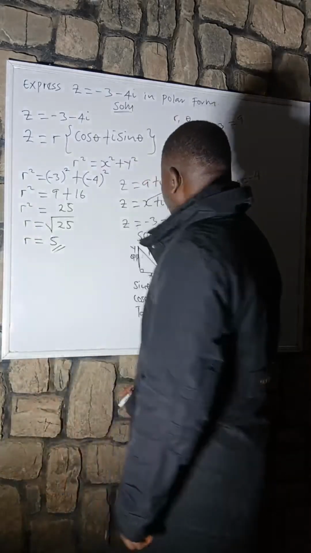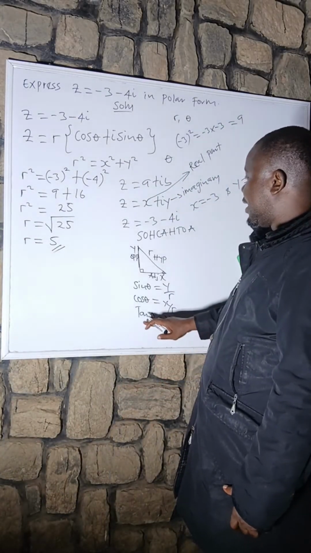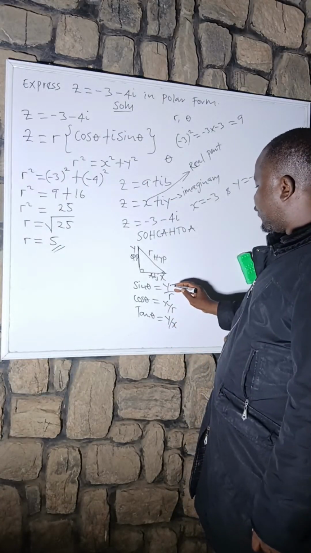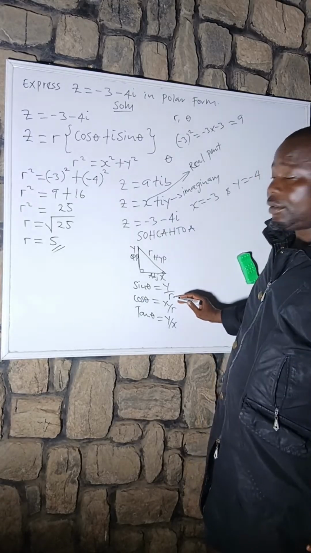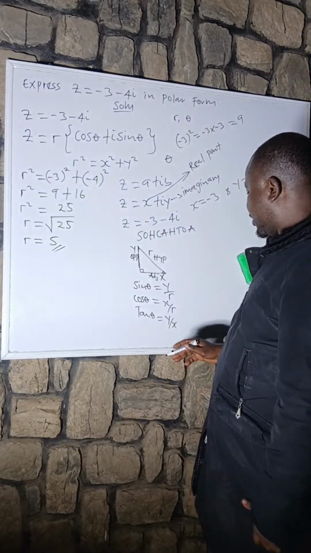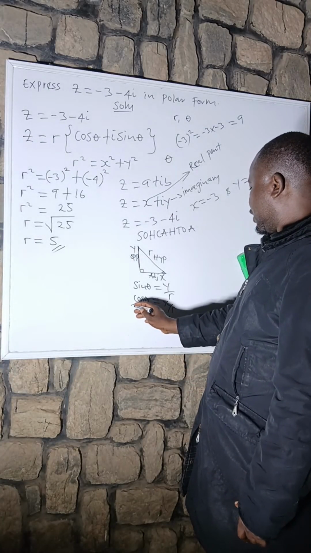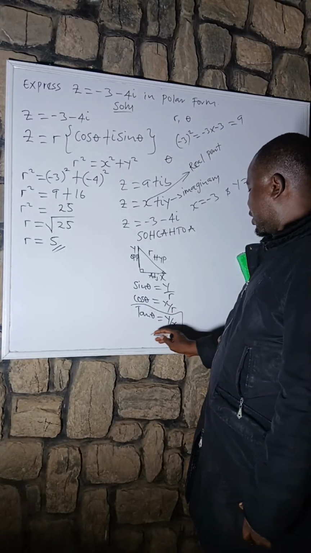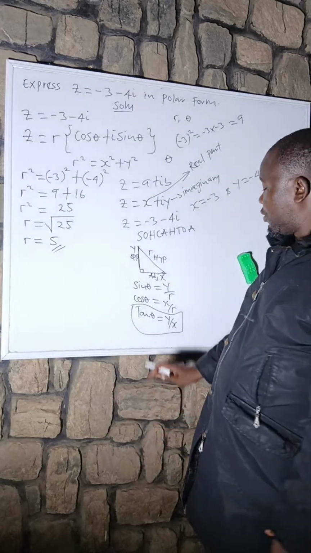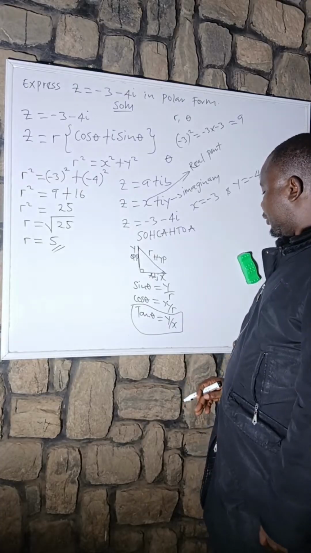So as we can see now, for our theta, we have y given, and we've gotten r, but I would advise you to use tan theta for the theta.